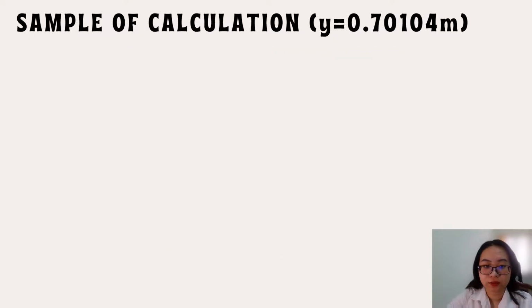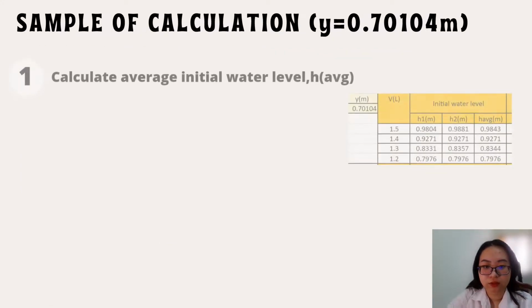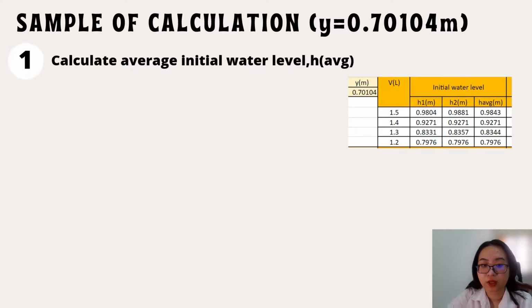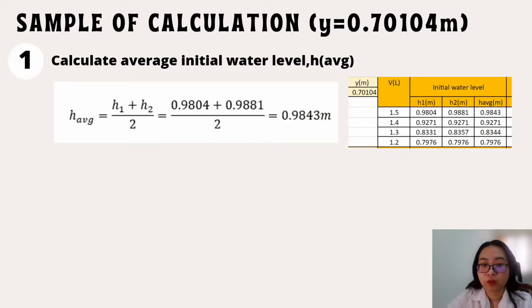So, continue to calculation. First, we have to calculate the average initial water level, which is h, because we repeat the experiment twice. So we have to divide both of the data by 2 to make sure our calculation is accurate.